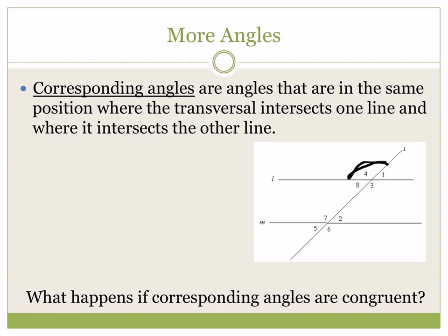Here is angle 4. Does anybody know what the corresponding angle would be for angle 4? It would be 7. Very good. They're in the same position along the transversal line and the intersecting line. So angles 4 and 7 would be one example of corresponding angles.